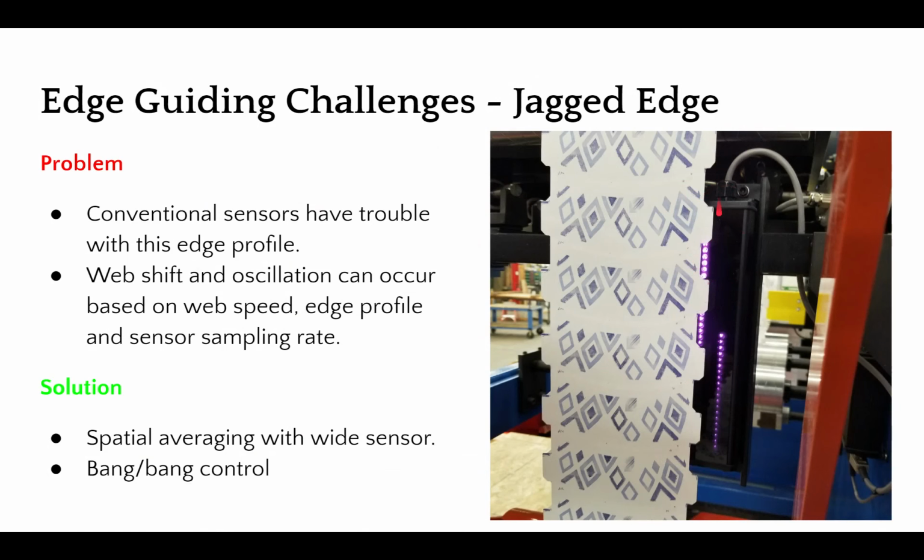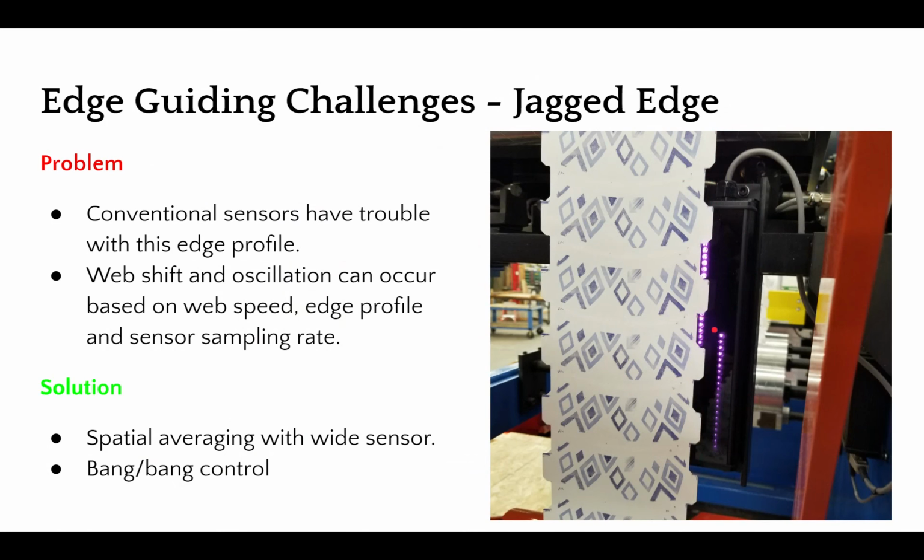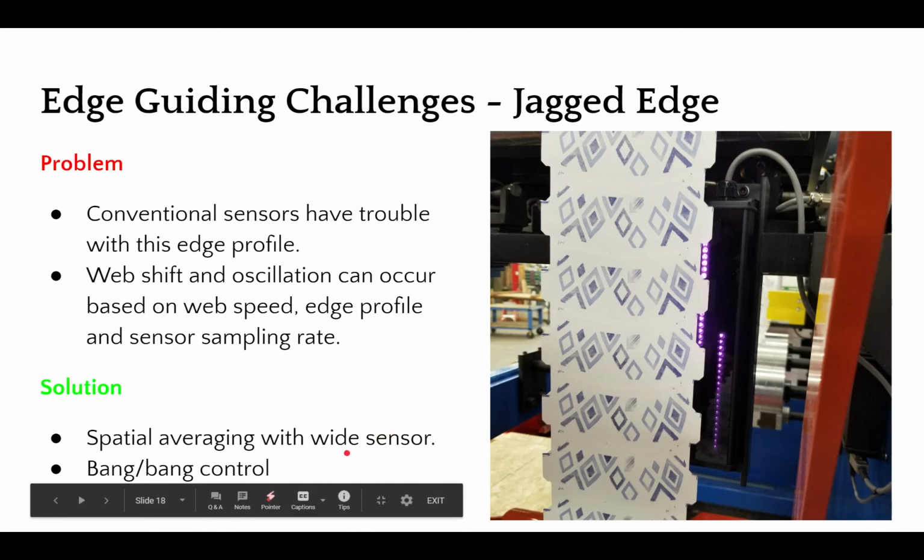So we were able to do what we call averaging along the length of the web spatially, and then also have a time-based averaging, and then do a bang-bang control. That means if it goes here, move here, if it goes there, move here, and there's a dead band there. That's one way of tackling a complicated edge like that.